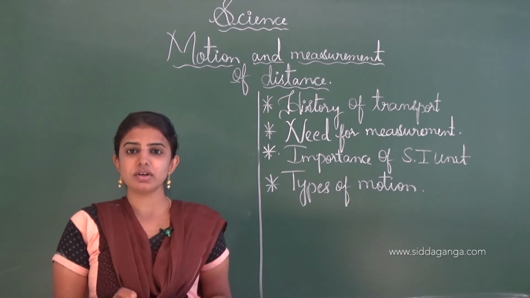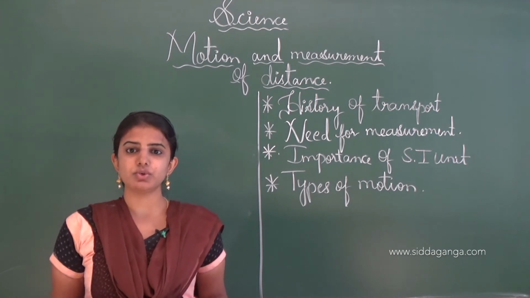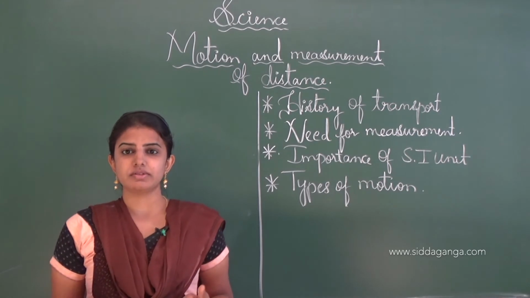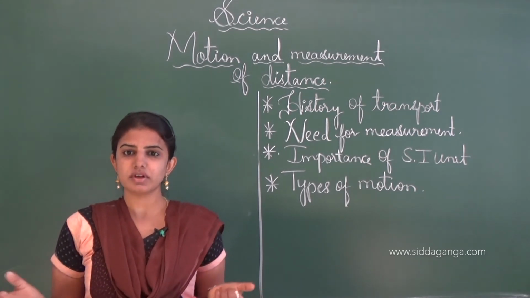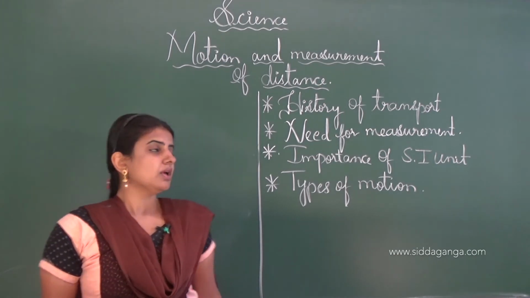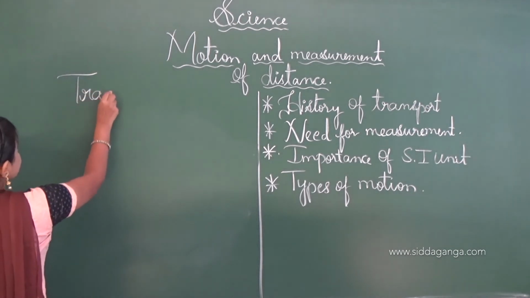They will choose the particular available transport system and thereby move from one place to another. There are varieties of transport systems, and one by one we will learn now. See, first one is the different types of transport system.